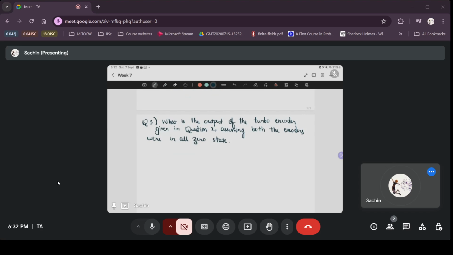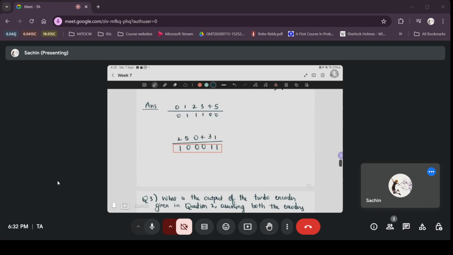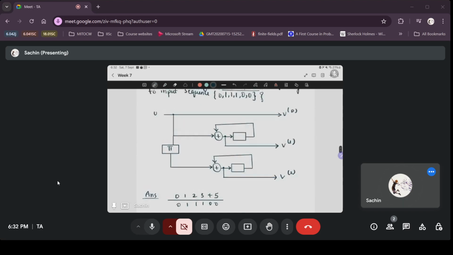Okay, so there's only one memory element. So the state is either 0 or 1. Okay, so if this is in state 0 and I give an input 0, I change the state to 0 itself. So this input 0 is moved into the memory element in the next time instant.